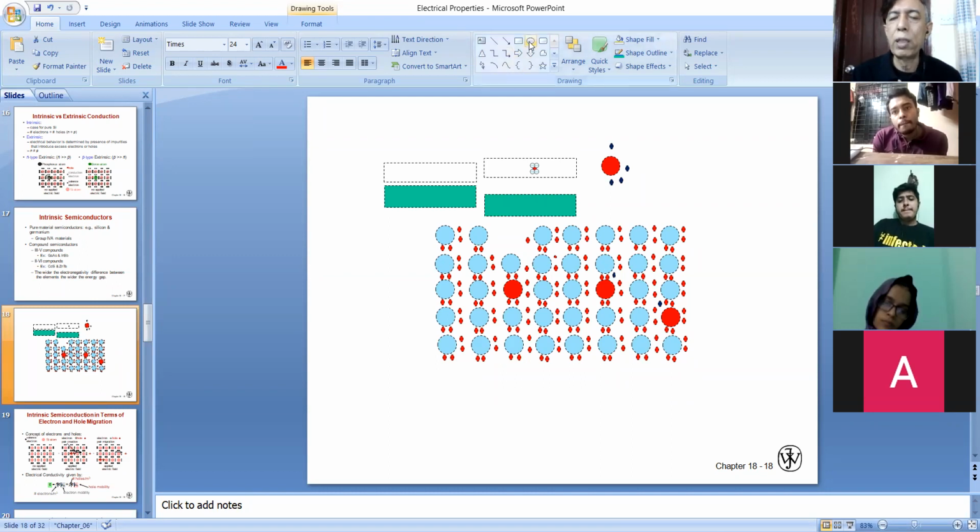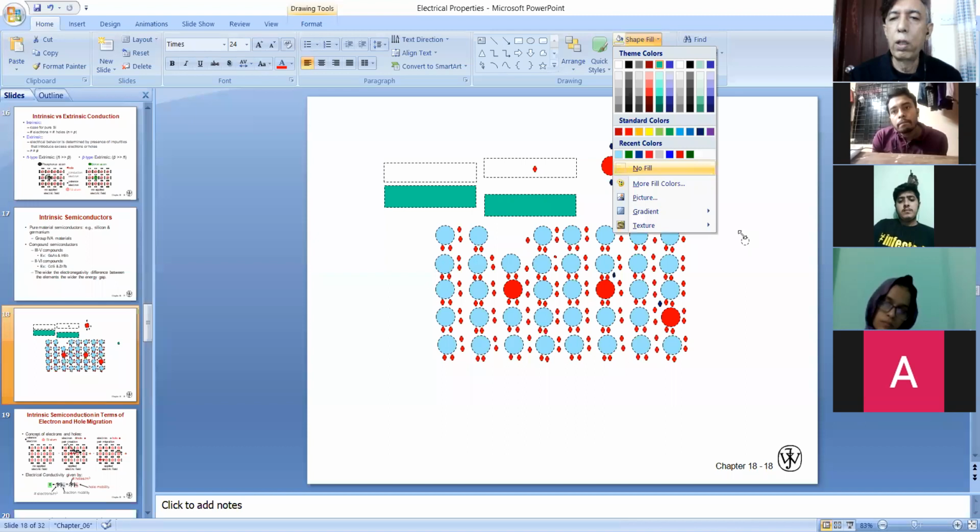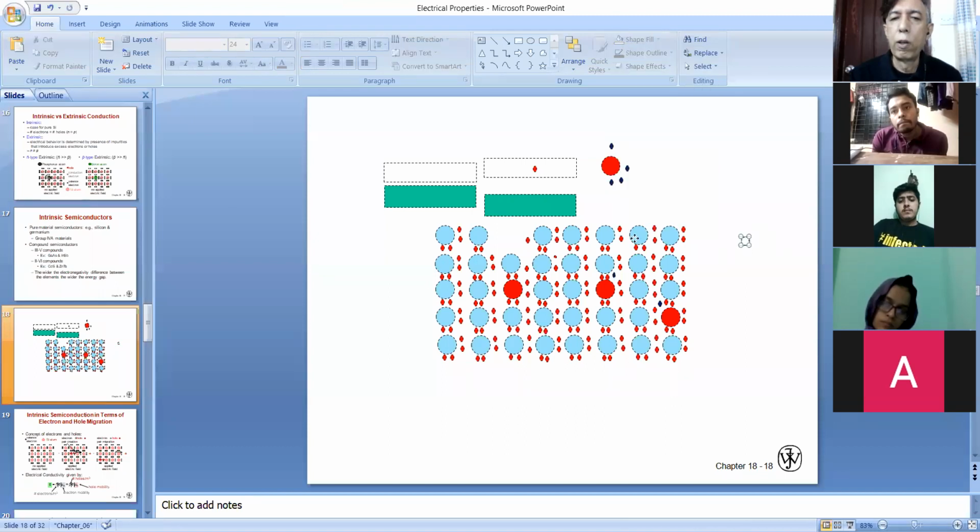This is an empty space. This empty space is known as hole. Why is it empty?